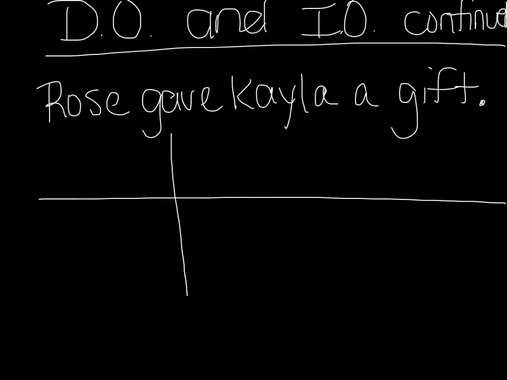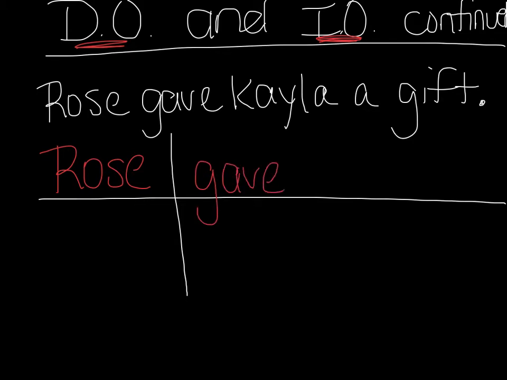Okay, so following your formula, diagram this sentence with me, which contains both a direct object and an indirect object. Keep in mind, you cannot have an indirect object without a direct object. Here we go. Subject, Rose. Verb, gave. What did Rose give? Gift.